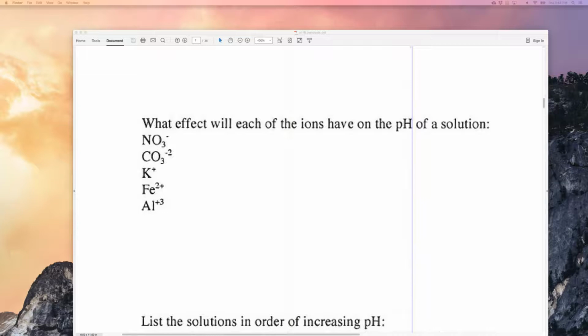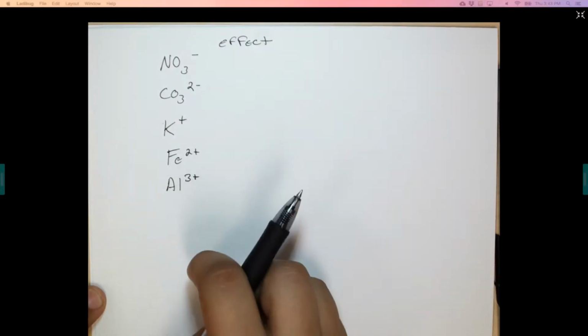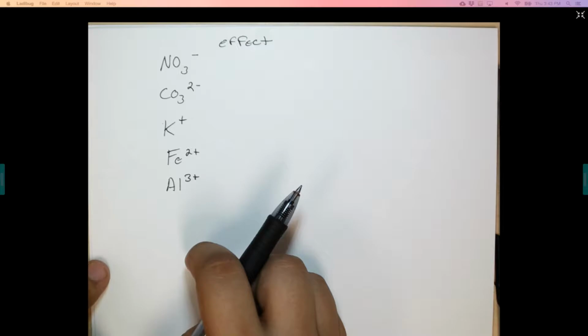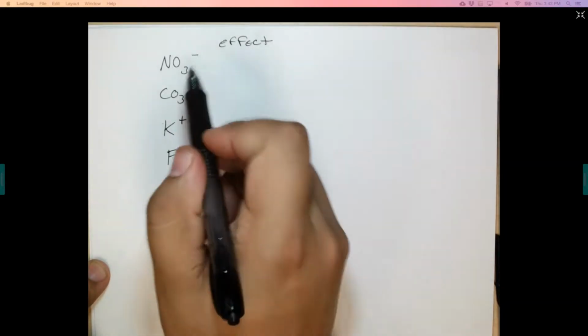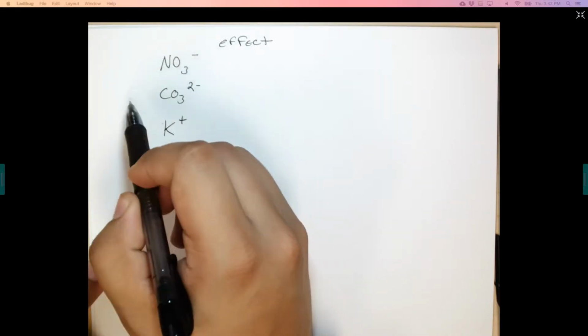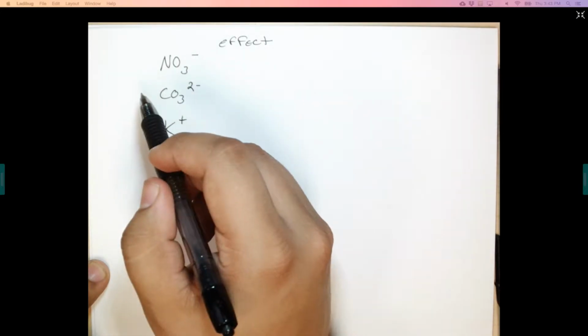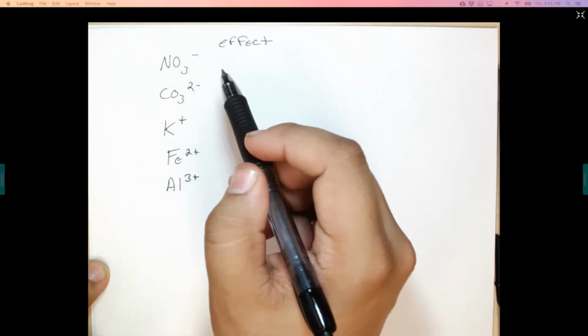Okay, so when we talk about the effect of each of these, and I'm writing these down for us, the main thing that we need to be aware of is what is the conjugate, if there is a conjugate, acid or base, and how does the conjugate act?